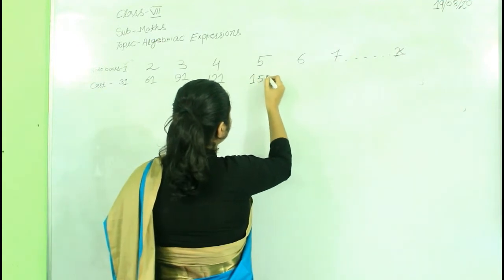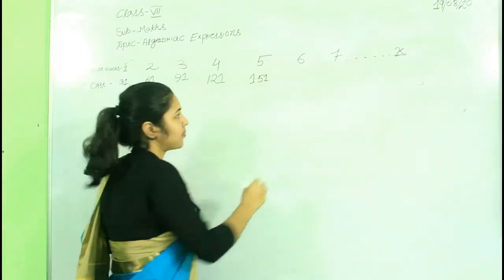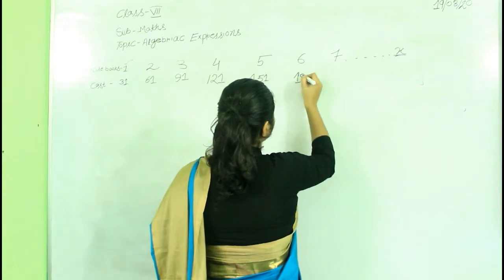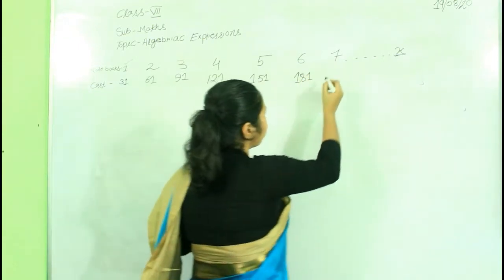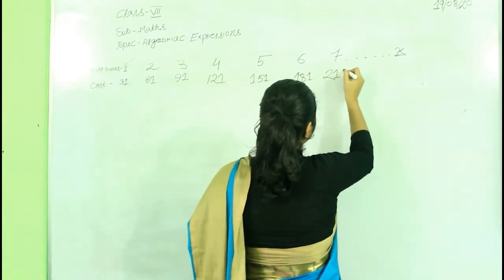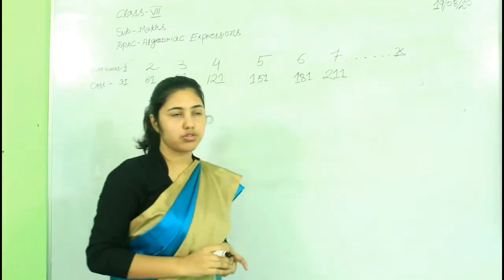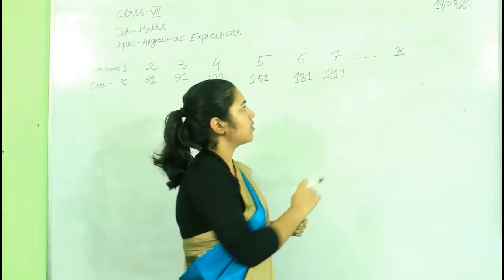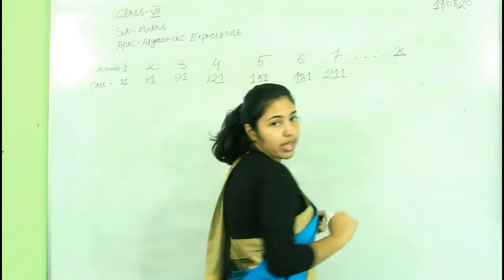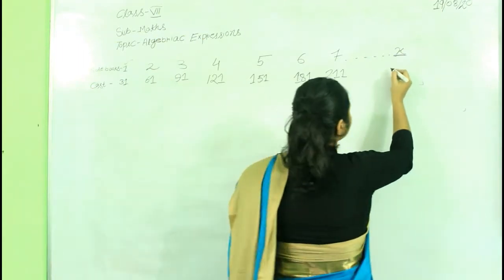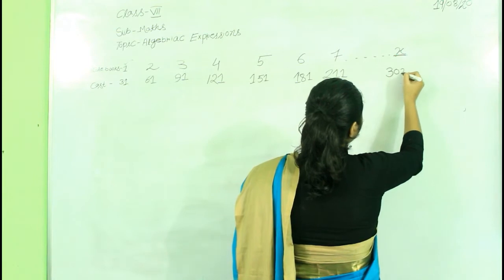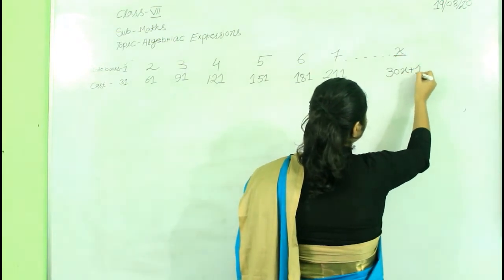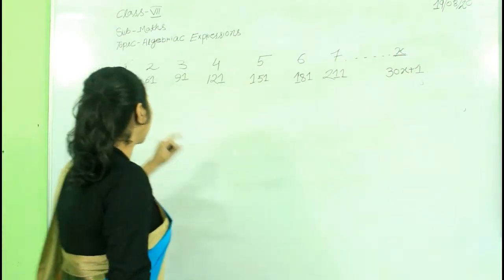Cost of 5 notebooks is 151. 6 notebooks 181 and 7 notebooks 211. Then cost of X notebooks is 30X plus 1.